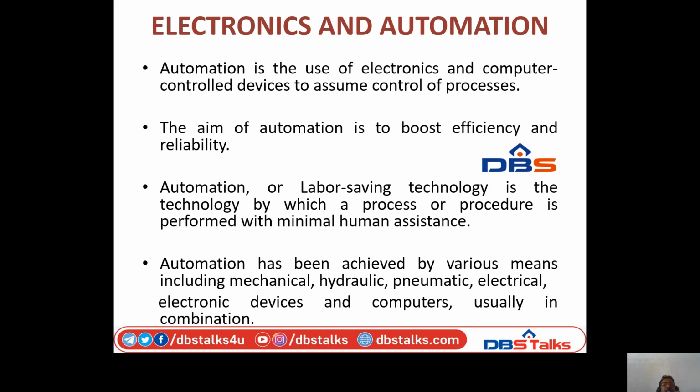Automation or labor saving technology is the technology by which a process or a procedure is performed with minimal human assistance. Automation has been achieved by various means, including mechanical, hydraulic, pneumatic, electrical, electronic devices, and computers, usually in combination.